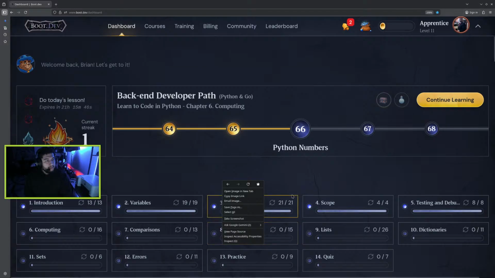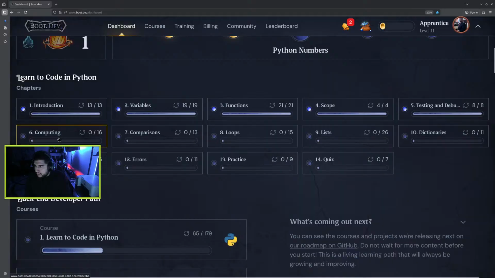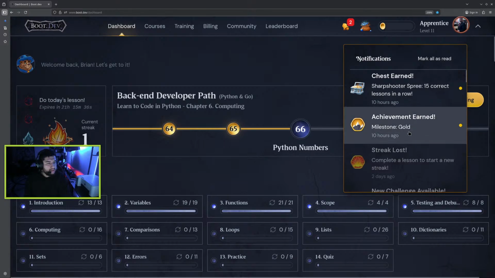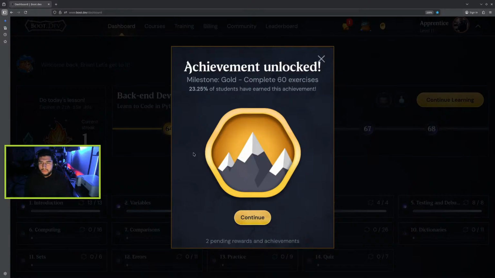All right. Apprentice level 11. We are on chapter 6 now, right? Computing. All right. Let's continue. Oh, wait. Notifications. Let's see. I achieved a milestone. Gold. Achievement unlocked. Milestone. Gold.